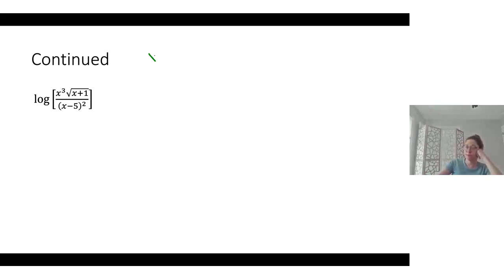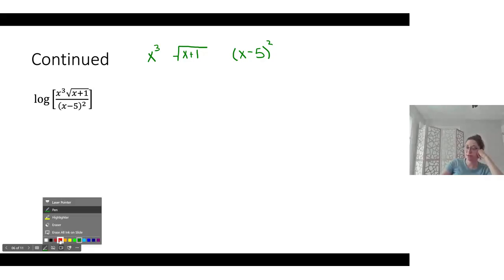Our three expressions here are x cubed, that's being multiplied by square root of x plus 1, and then both of these are being divided by x minus 5 squared. So we have three separate expressions, which means we're going to expand this into three logarithms.